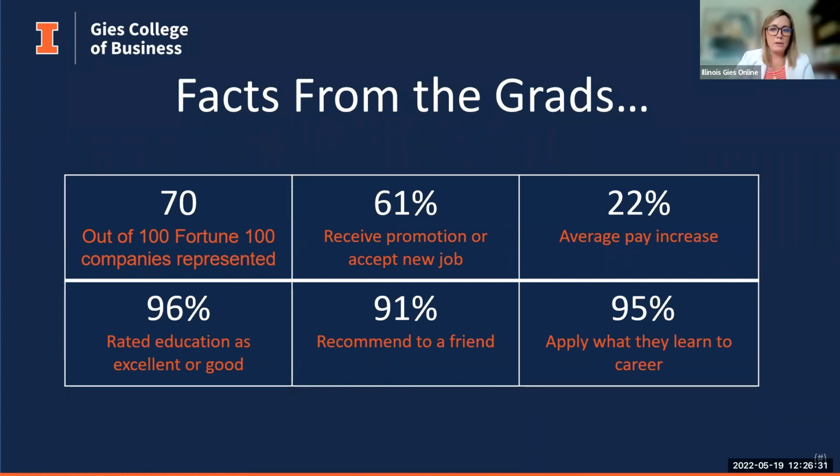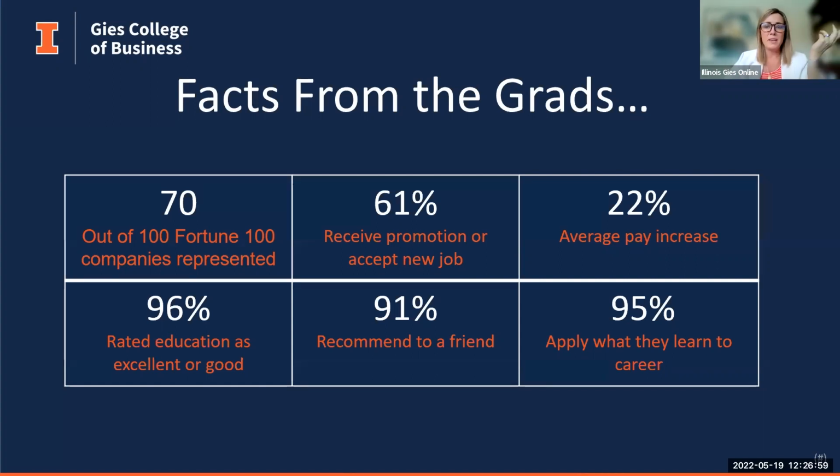So I do want to get you ready for some fabulous percentages coming up also on this slide. Many business schools measure their job placement after graduation. At Gies, where virtually all of our students are full-time working professionals and already have jobs, 61% of those change jobs or earn a promotion while they're actually in the program during their IMBA, which is great.